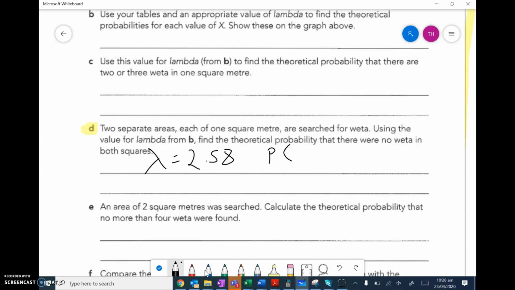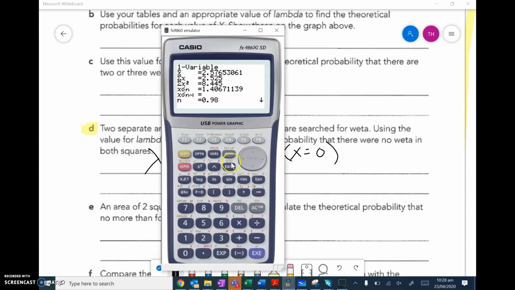Right, so no weta means I need to find the probability that x equals 0. I'm going to find it for 1 square first. So in my calculator, I'm going to go back to distribution, Poisson, and PPD, single values. Less than or equal to. So x is equal to 0.